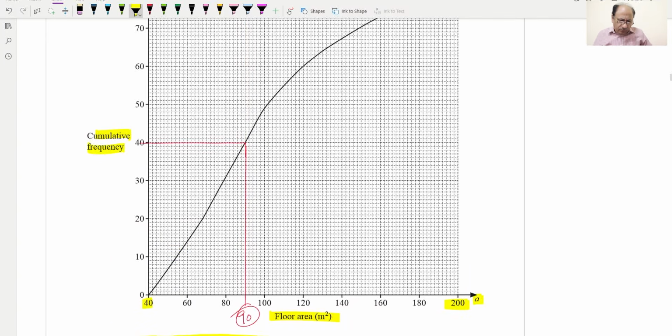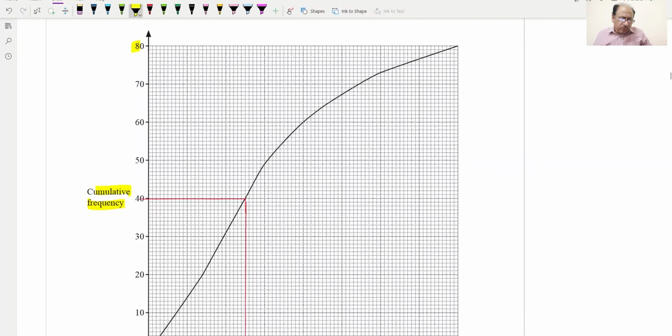First of all, lower quartile will be the 25th percentile of 80. 25 percent of 80 will be 20.